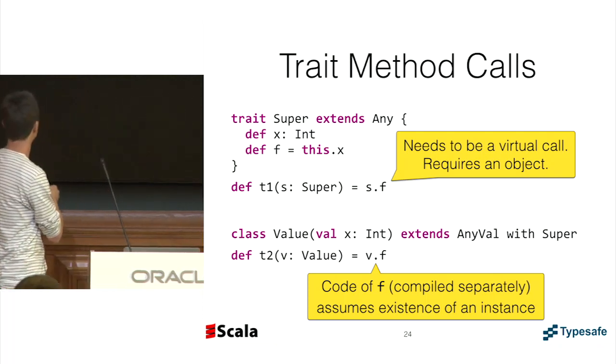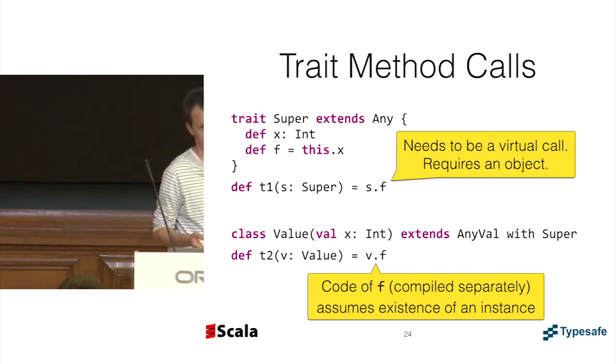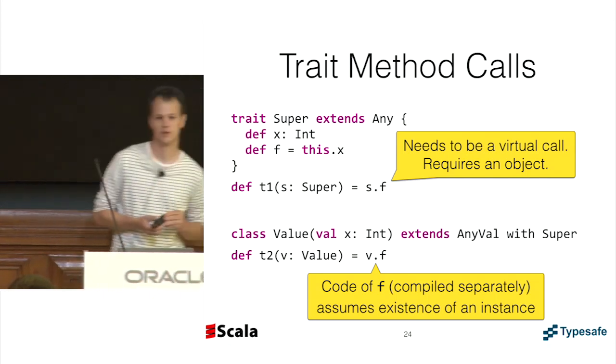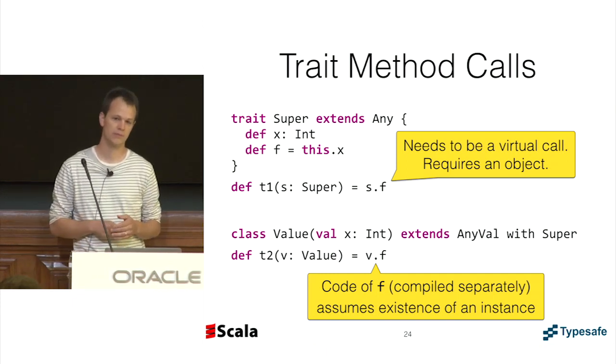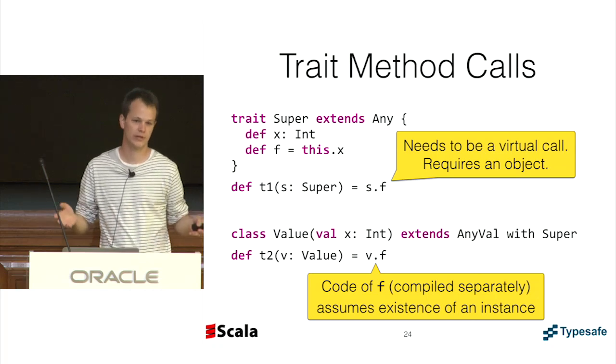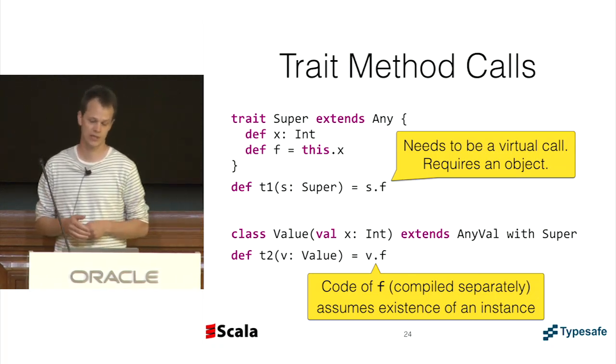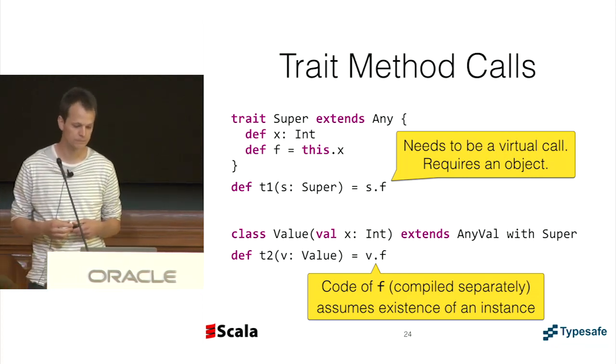So now if we compile a method t1 that takes a Super as argument and invokes the f method, that needs to be a virtual call, because the trait Super might be subclassed by arbitrary reference classes and might be overridden a few times. So that really needs to be a virtual call.